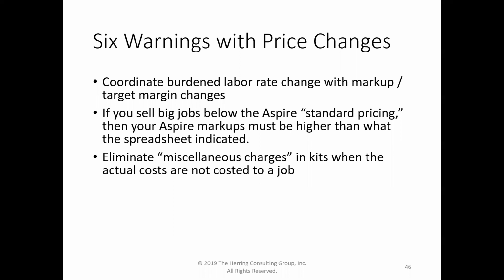I've had some clients that have miscellaneous charges in kits when the actual costs are not costed to a job. That creates an alignment problem, meaning that your actuals and your estimates won't be the same, right? And here's why that's important.